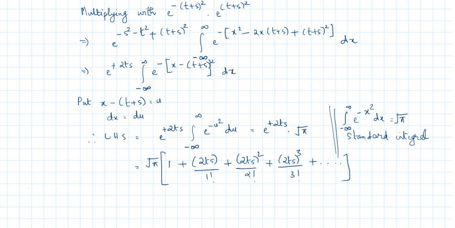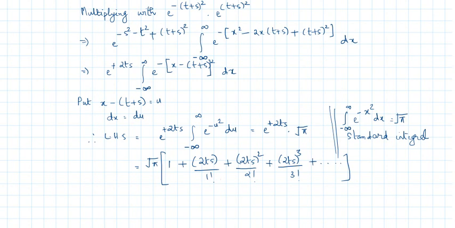And this is a standard integral whose value evaluates to root pi. So what do I have on my LHS? I have done all these steps and I have arrived at root pi times e raised to 2ts, whose expansion we know, and that is what we have written here.